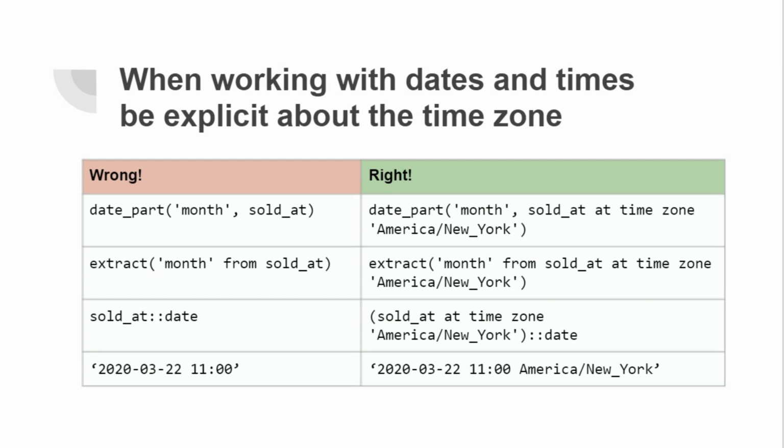So for example, if we take the third example, sold at, which is a timestamp, and we want to strip the time part from it by casting it to a date, you can get incorrect results here if the time zone is not set correctly. The right way to strip the time part is to first set the time zone and only then strip the time part from it.